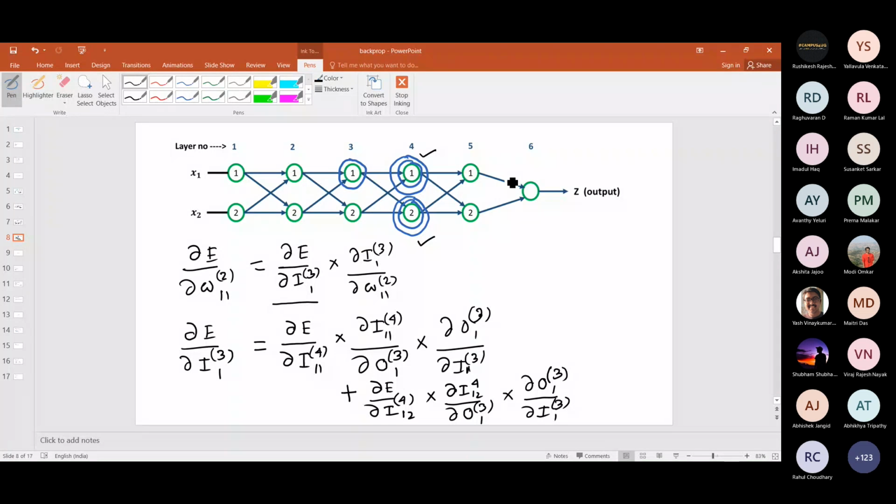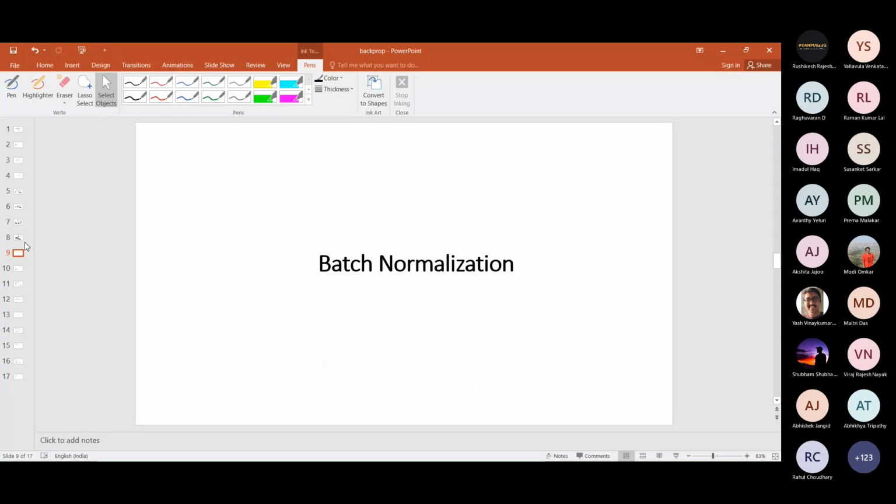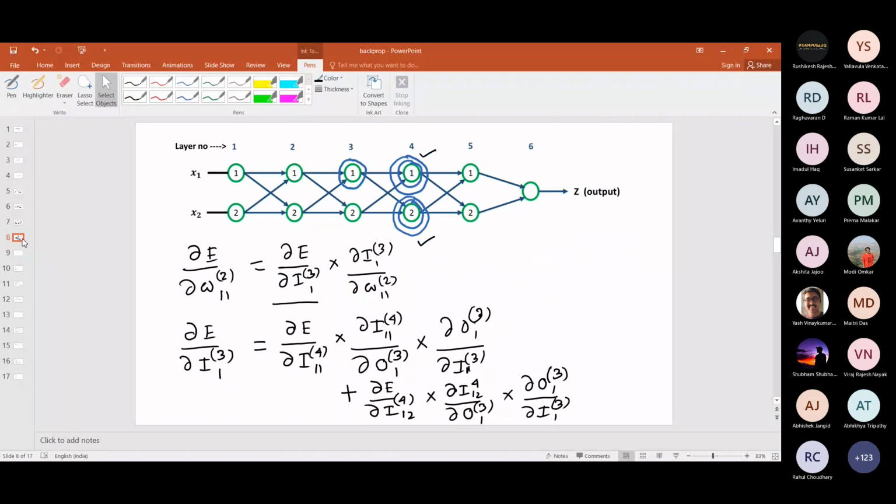Now this is a plain and simple formula, so we can manipulate it a little bit. After manipulation, you get something like this. Let me just copy this thing.